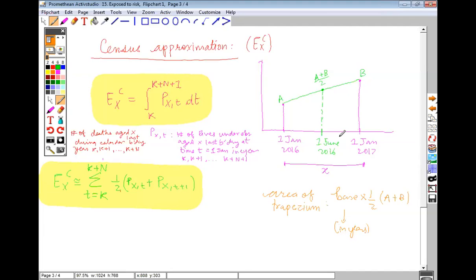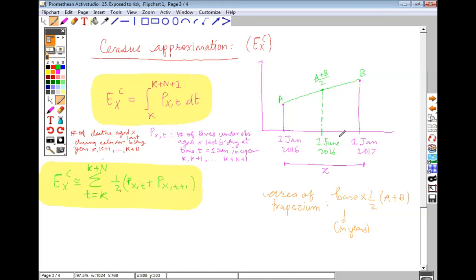You will need to know the exposed to risk and deaths for those particular times. That is why we need this particular approximation, which only uses the observations that we have made. So we observe PXT, PXT plus 1, PXT plus 2, T plus 3, T plus 4. In my definition of PXT, I've written that T is 1 January.